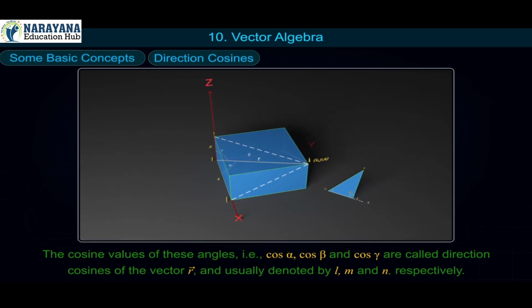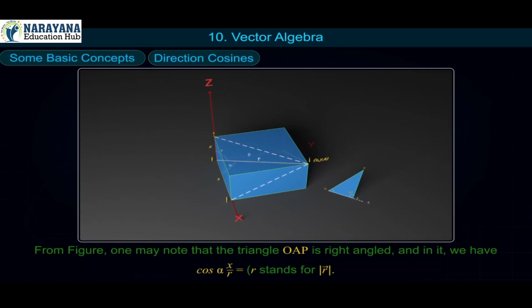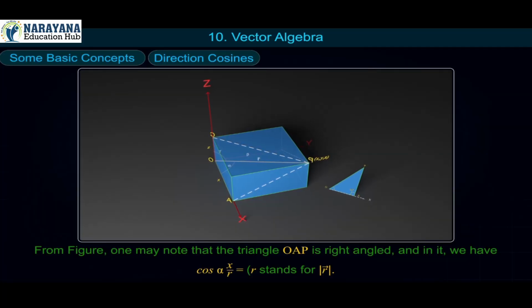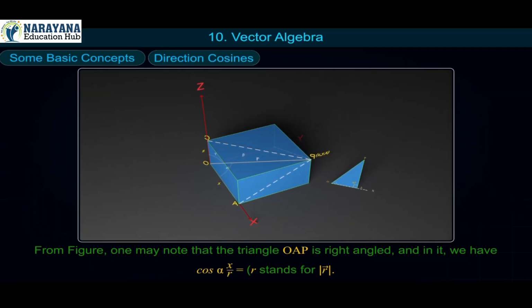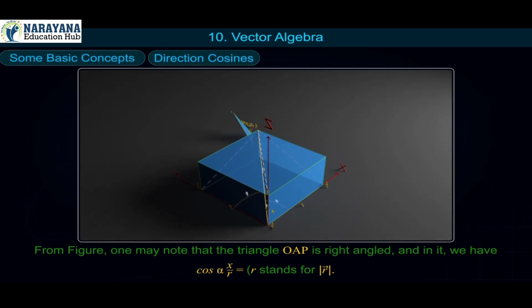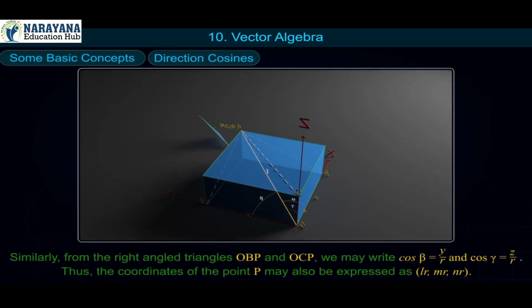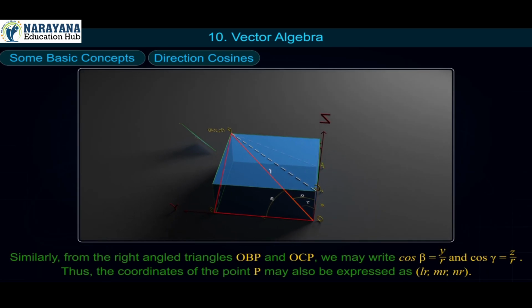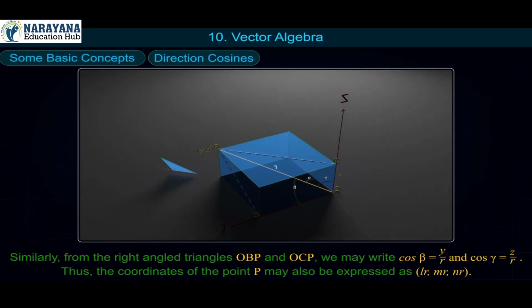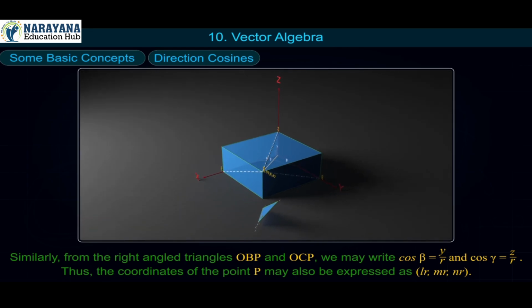From the figure, one may note that the triangle OAP is right-angled, and in it we have cos alpha is equal to x upon r, where r stands for modulus of vector r. Similarly, from the right-angled triangles OBP and OCP, we may write cos beta is equal to y upon r and cos gamma is equal to z upon r.